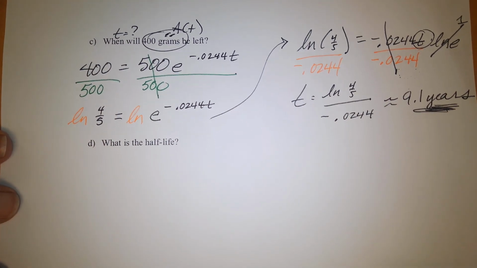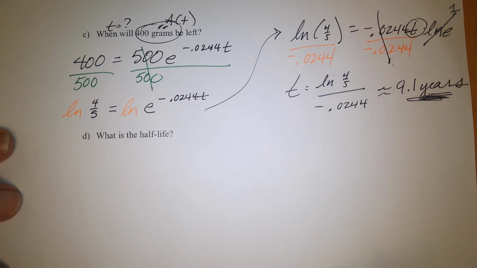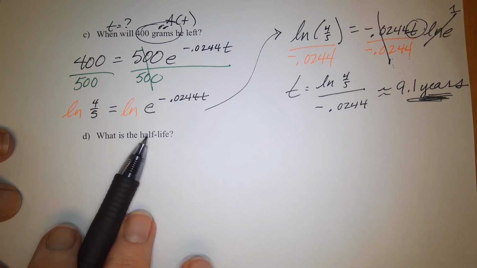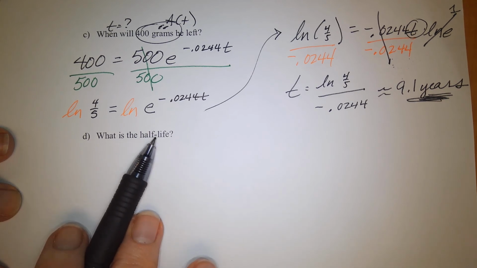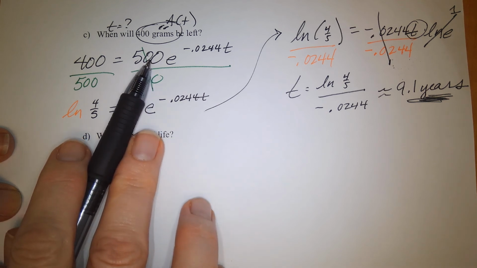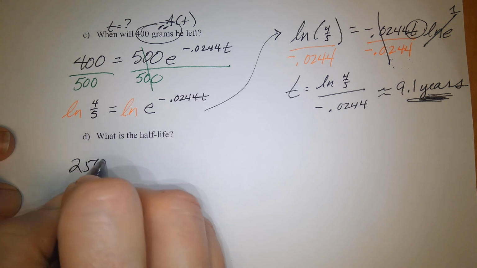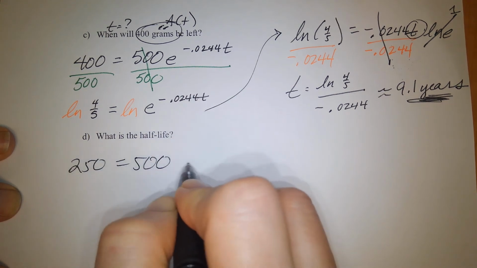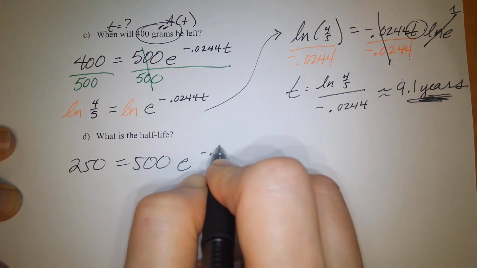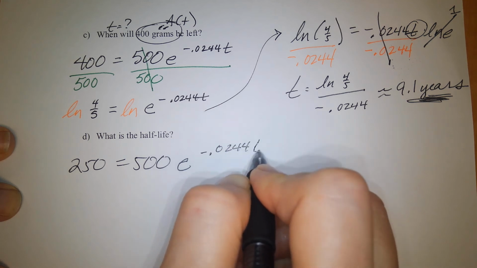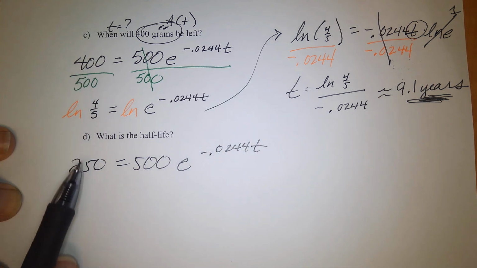So finally, what is its half-life? Half-life is determined by determining how long it will take for the original 500 grams to equal half of its size, which would be 250. So this becomes basically the same problem that we just did. We're only changing 400.